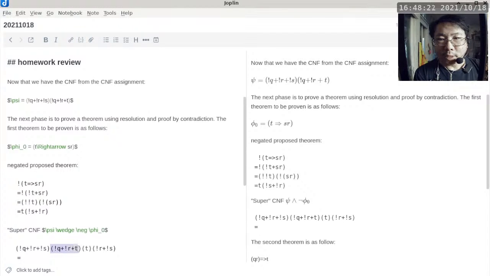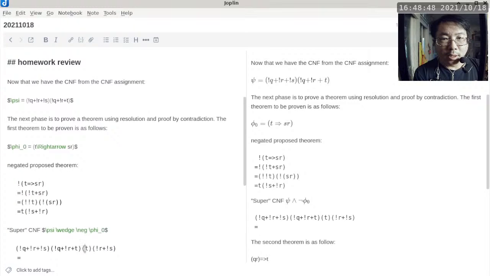We look at the second one and ask, can it resolve with this one? The answer is no, because T is unnegated on both sides, so it's not going to resolve. Then we look at this one versus this one here. It is not going to resolve either because we cannot find a variable that is negated on one side and not negated on the other.